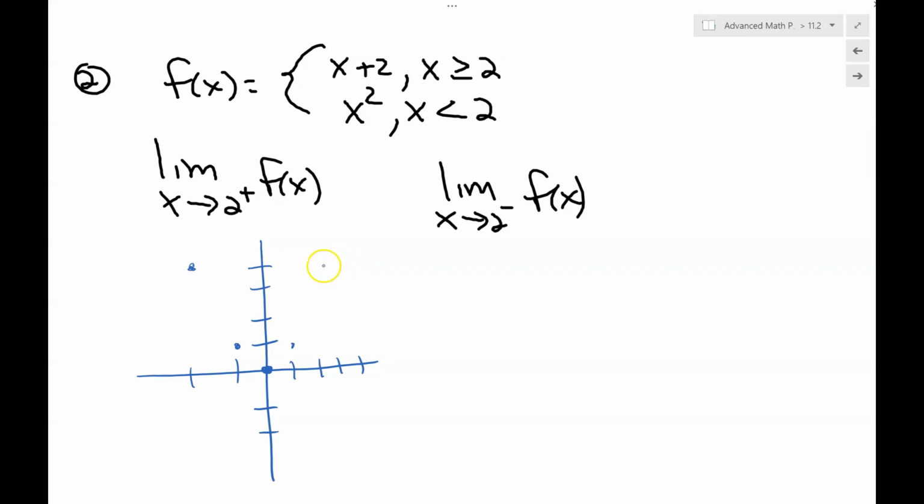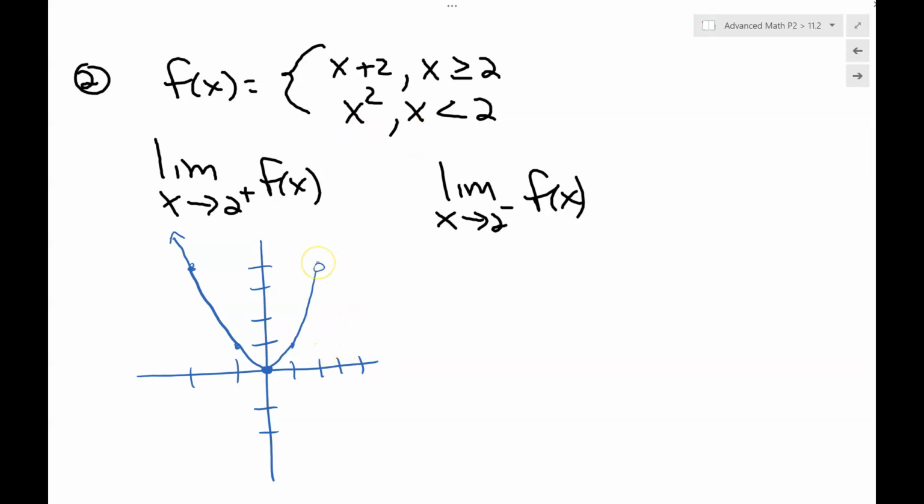It's going to look like this, and this goes on, of course. Okay, so that's what this part looks like. We have an open circle there.